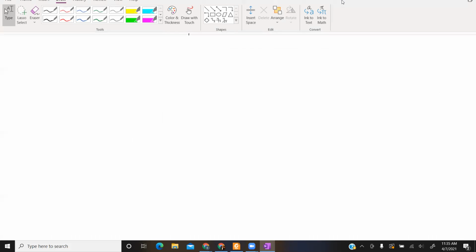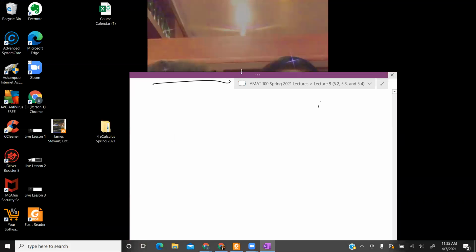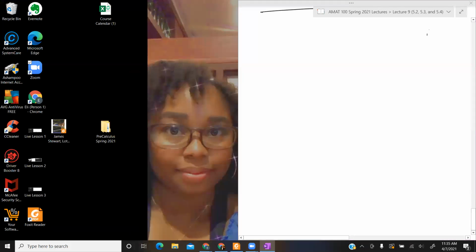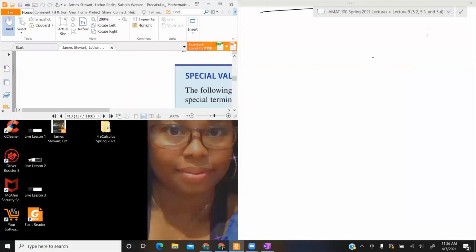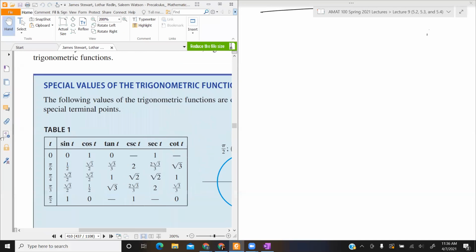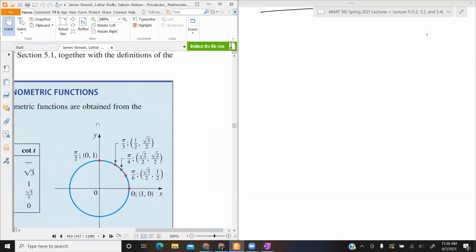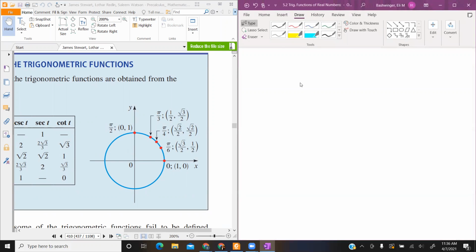Let me try to pull up the book, sorry. Okay. This is what I wanted to draw, but just for the sake of time, I'm just going to use the book.